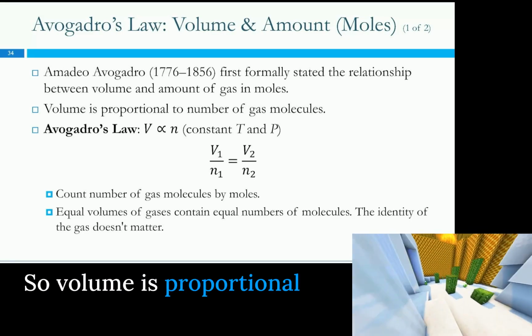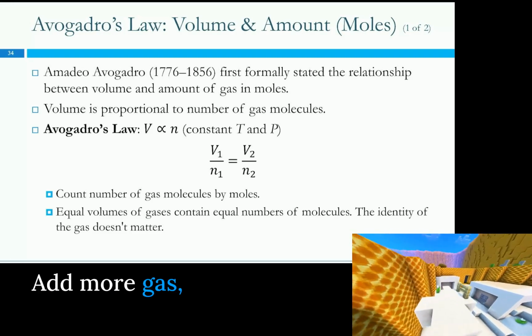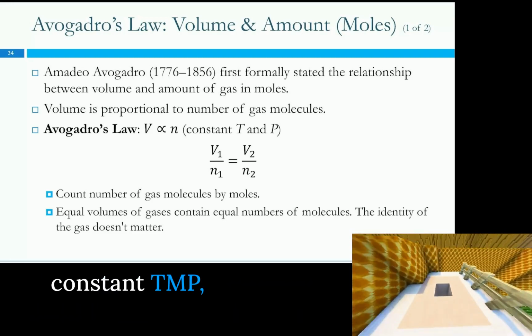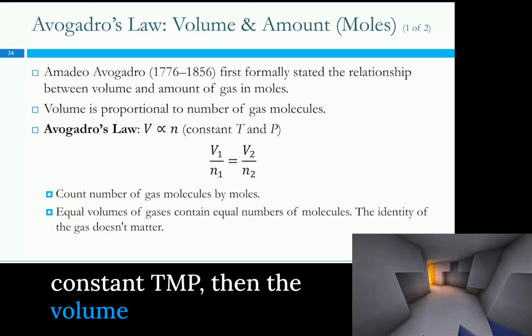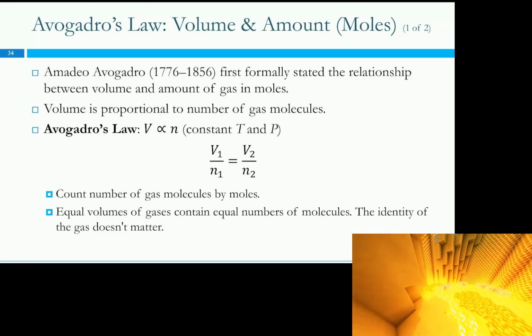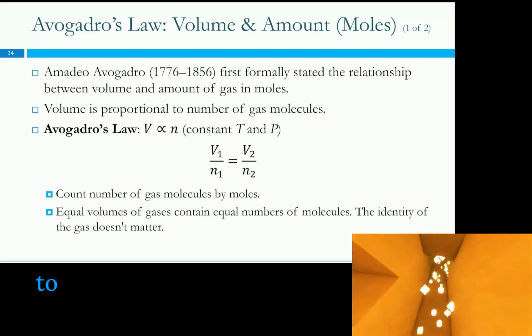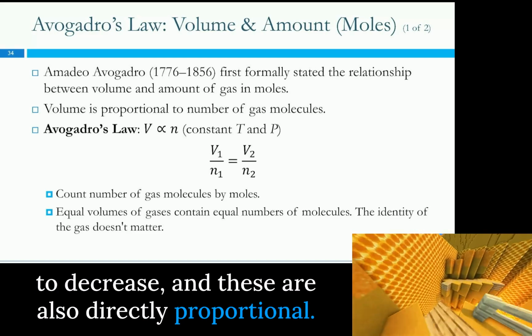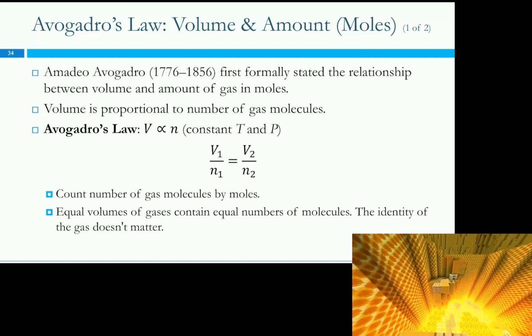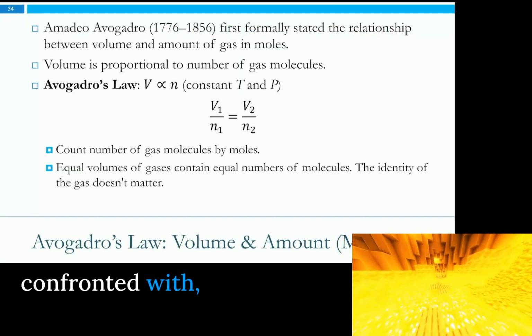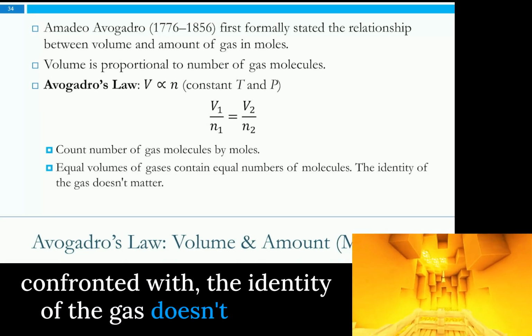So volume is proportional to the number of gas molecules. Add more gas, for pressure and temperature to remain constant, T and P, then the volume has to increase. Or if you take gas particles out, then the volume has to decrease, and these are directly proportional. And this may be the first time you've thought of it, but the identity of the gas doesn't matter.